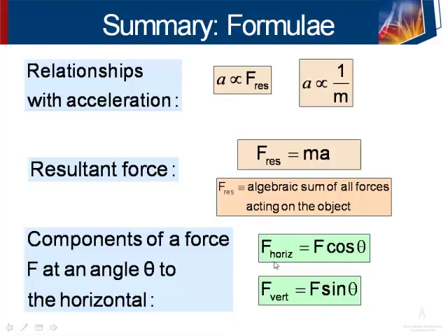The F horizontal component is the X component, and the F vertical is the Y component. A way to remember that horizontal component is cos and vertical is sine is to remember that horizontal has an O and cos has an O, and vertical has an I and sine has an I. And it's important to not mix these two up.